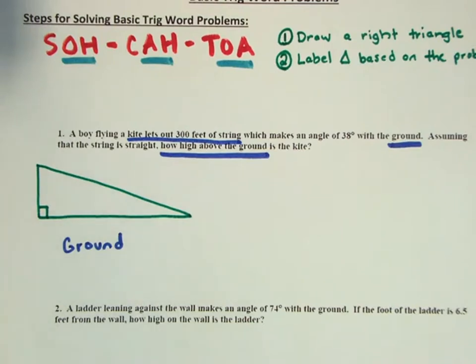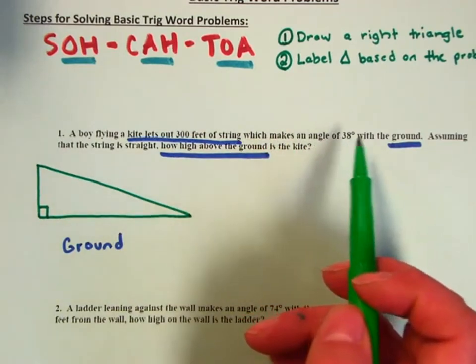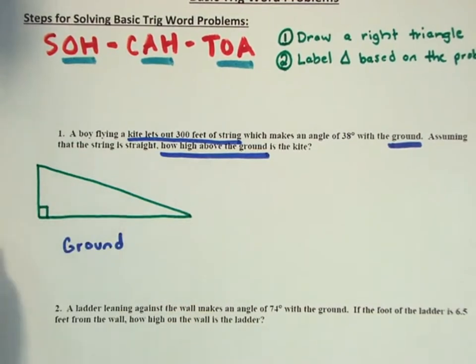Okay, assuming that the string makes an angle of 38 degrees with the ground. We know that this is the right angle, so it can't be 38 degrees. We have to have 38 degrees with the ground.